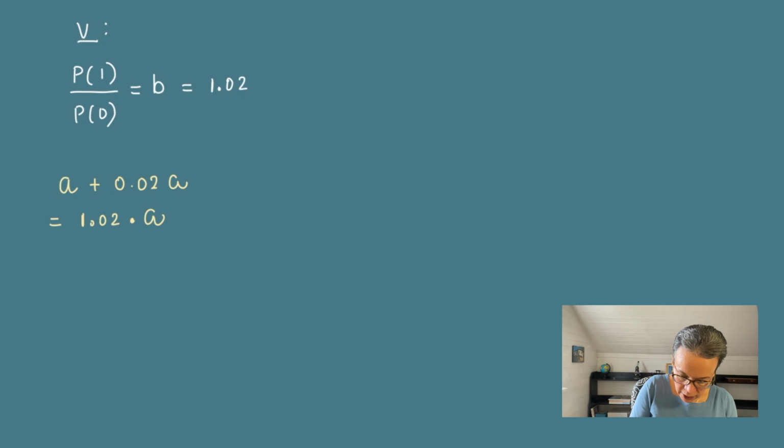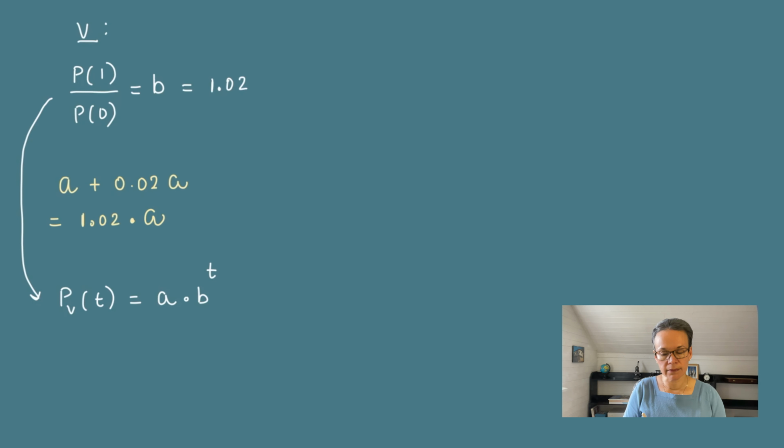So continuing here, the exponential model for Vancouver, I'm going to put a subscript V for Vancouver, at t is going to be equal to A times B to the t. We already have the base. The base is 1.02. And also A, we can get A by using the initial population, the population at time t equals 0. Look, if t is equal to 0, B to the 0 is going to be equal to 1.